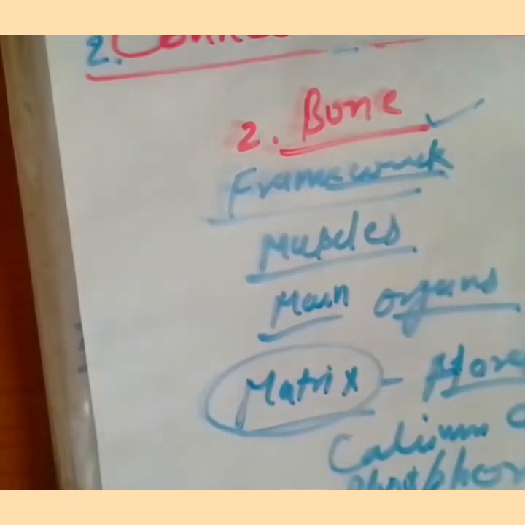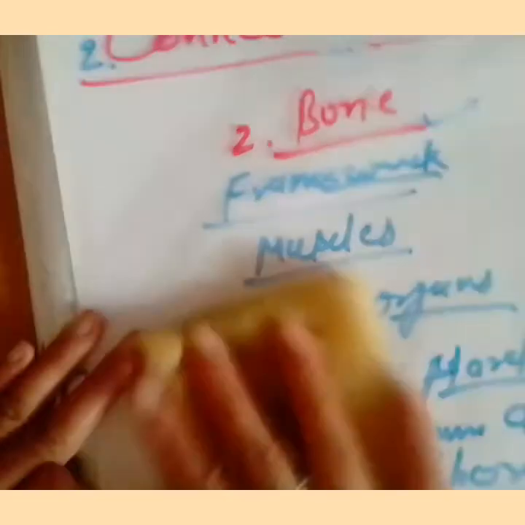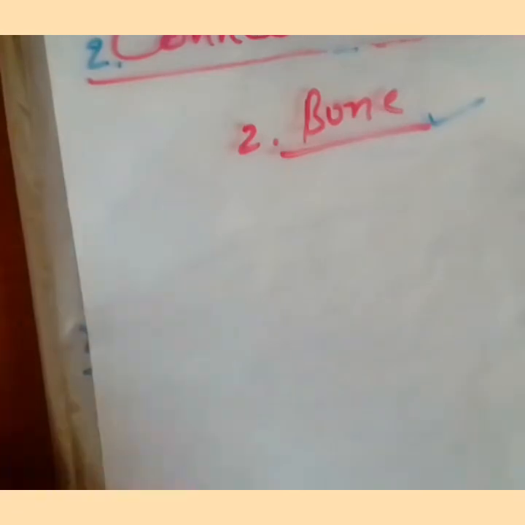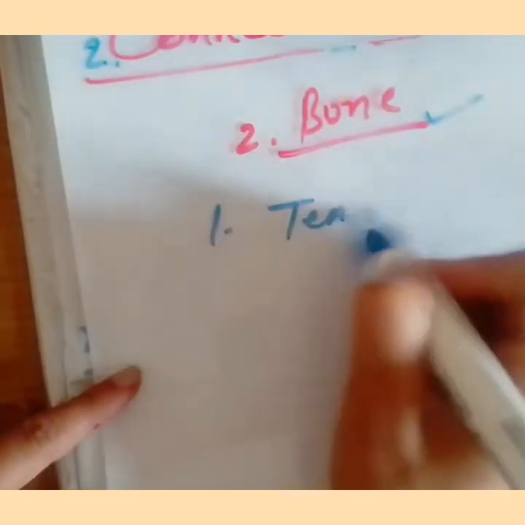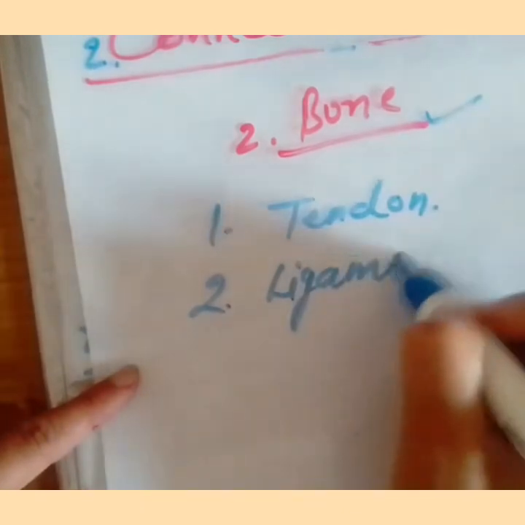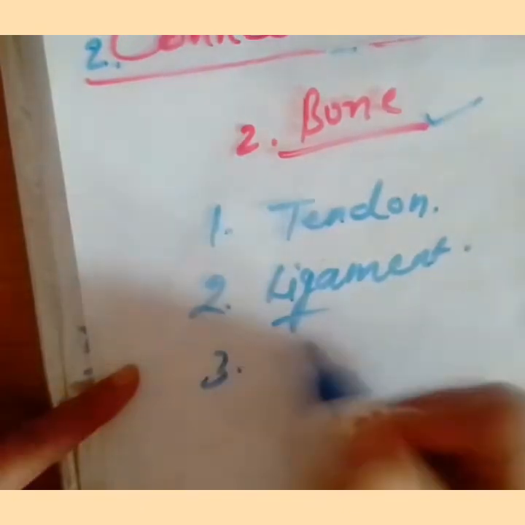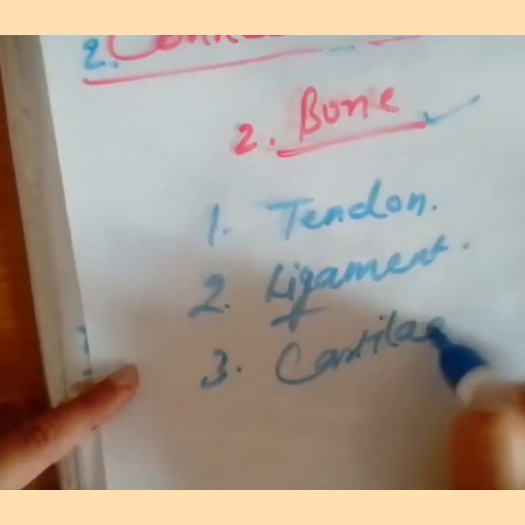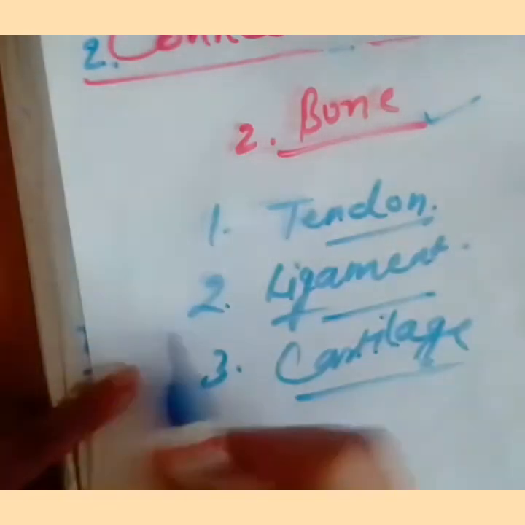Now, other terms are given in this connective tissue, bone. First is the tendon, and second one is the ligament. One more is the cartilage. What is the difference?